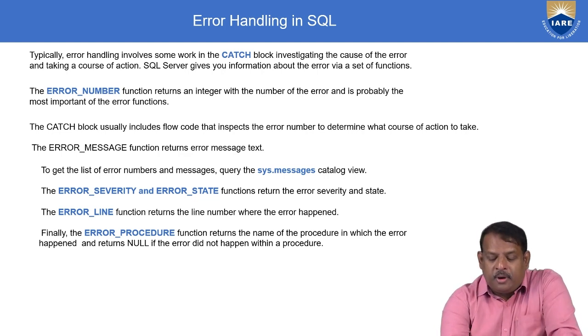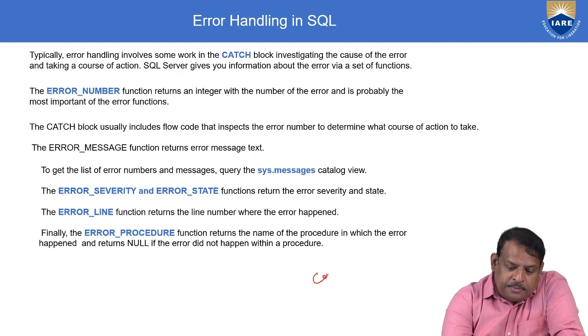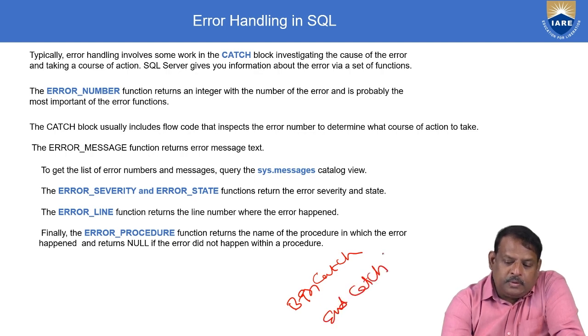In the BEGIN CATCH, END CATCH, we'll check if error number is equal to this. If ERROR_NUMBER is equal to 100, do this. If error number is equal to 101, do this.